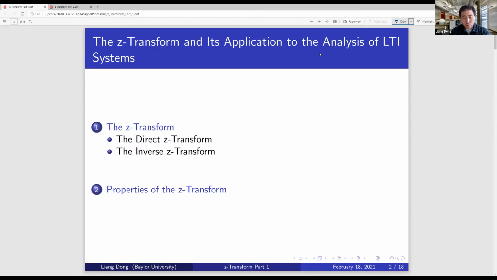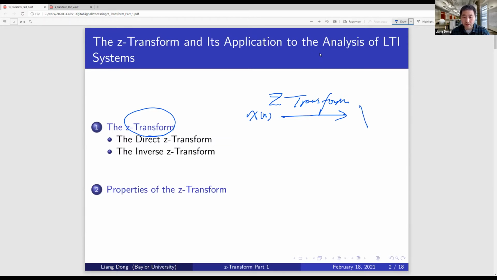Now, when we say transform, a transform is an operator or operation working on a function. So I have x[n], I do this transform. In our case, that is the Z transform, that will also generate another function, right? It's not just a value, it's a function.